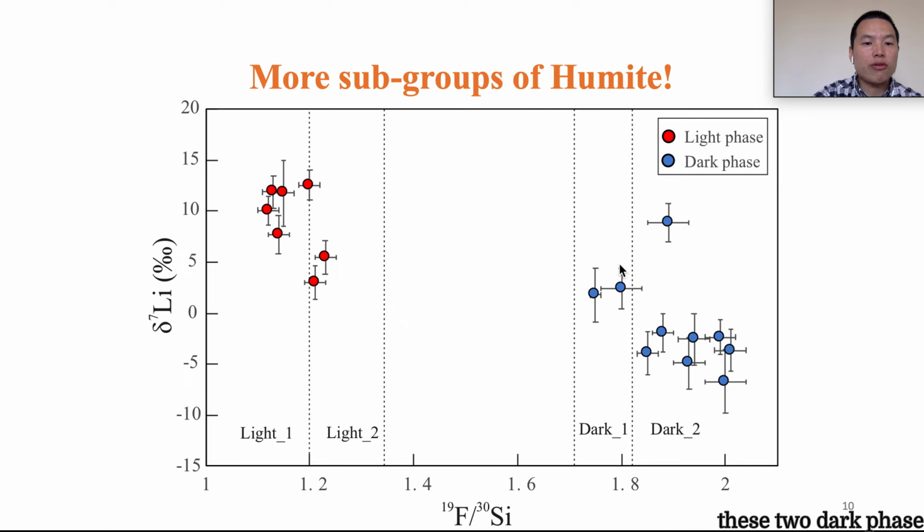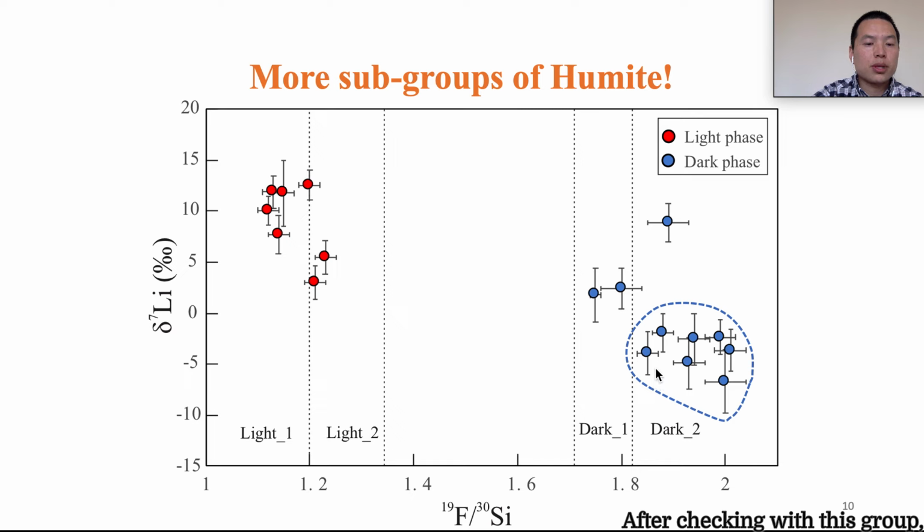For example, these two dark phase points have less fluorine compared to this dark phase. And also these two light phase points are more rich in fluorine, and they also have a different delta lithium-7.